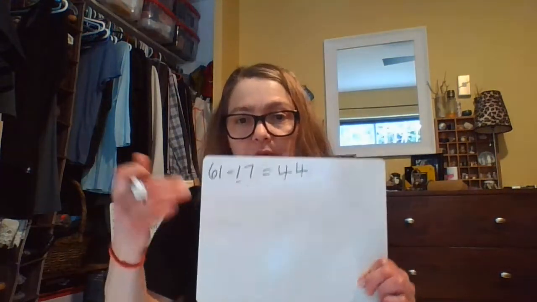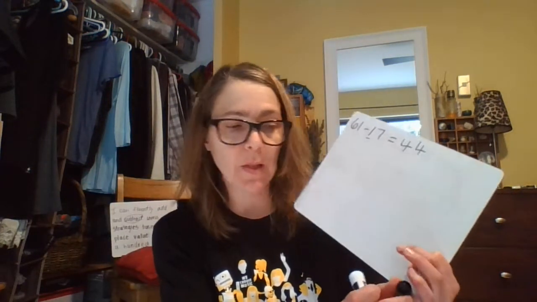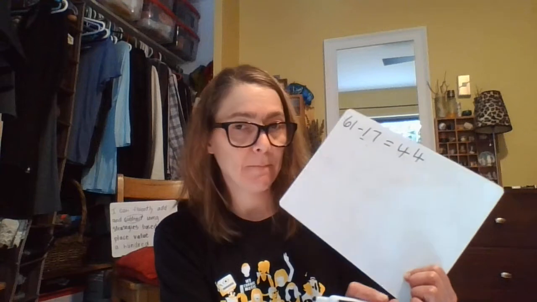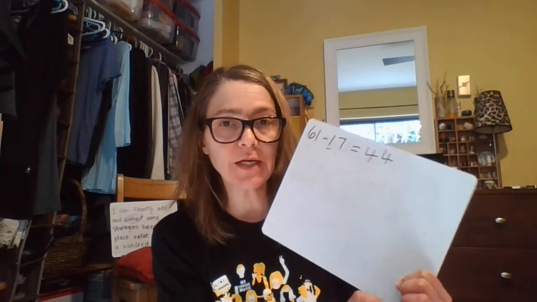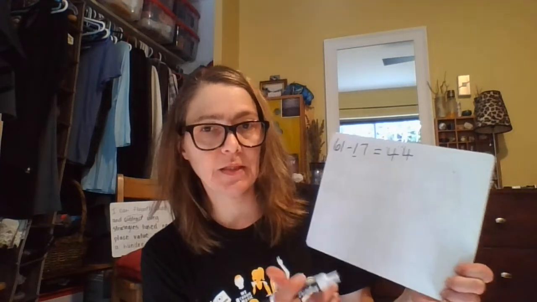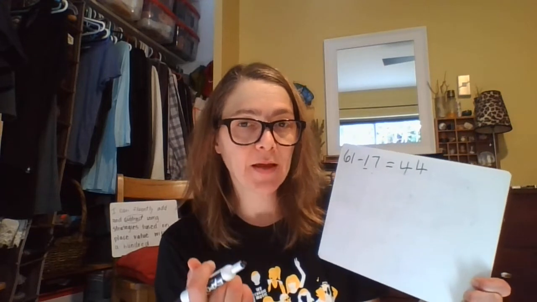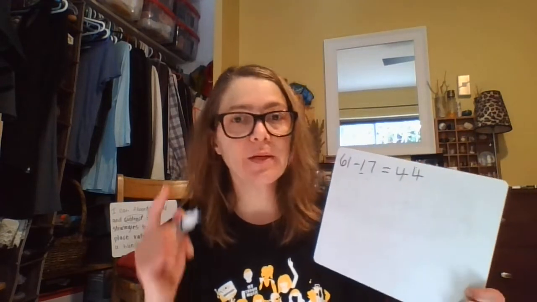The next way you can do it is you can use a number line. I'm going to show you with the same equation how to use a number line. When you're doing subtraction, you're doing a decreasing number line. The first way you can do it is by counting back.